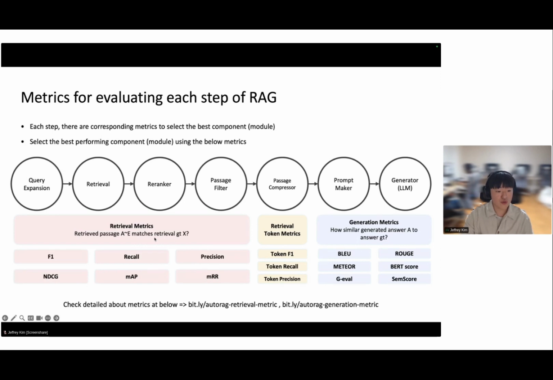So we use retrieval metrics like F1 or rank-order metrics: NDCG, MAP, or MRR. And in passage compressor, we use retrieval token metrics. And in the last two steps, prompt maker and generator, which is the LLM, we use generation metrics like BLEU or ROUGE, or G-Eval, SemScore, or BERTScore.